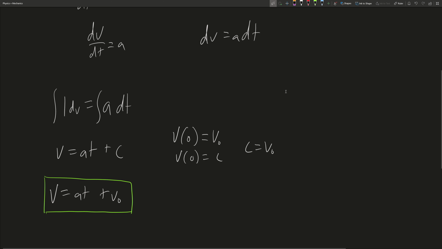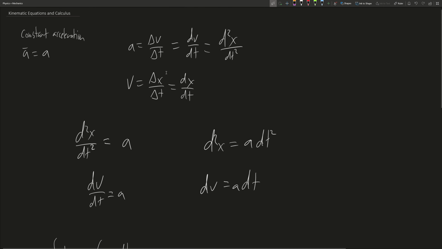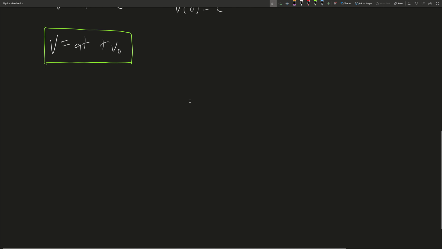Now, remember up here we said that the velocity is equal to dx over dt. So if we replace our velocity here with dx over dt, and set that equal to at plus v0, remember, a is a constant, and in this case v0 is also a constant because it describes the velocity at a single point in time.